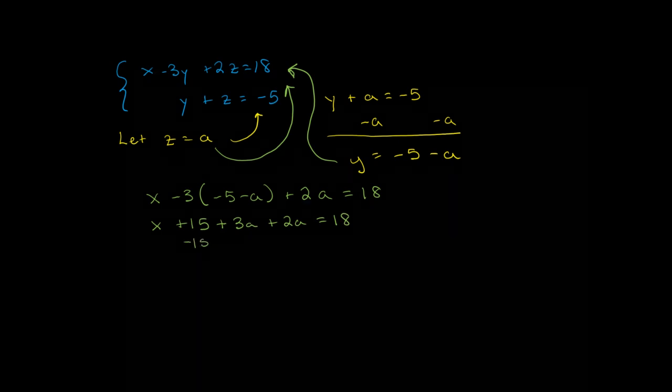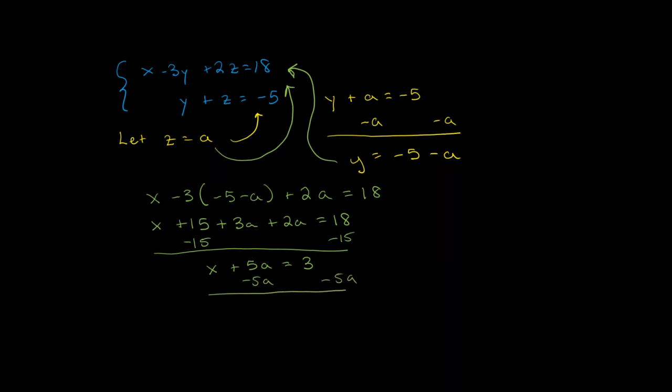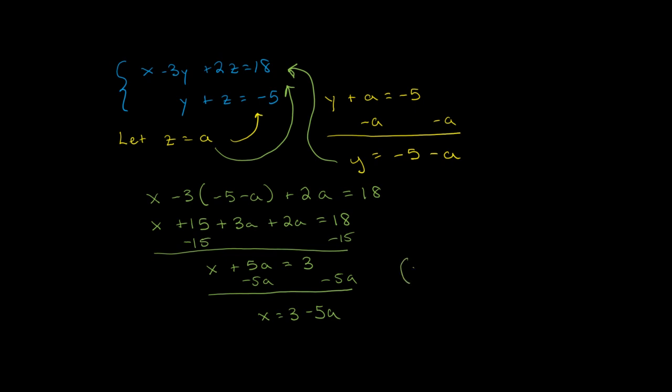I subtract the 15 from both sides. Add the 3a and the 2a to get 5a. 18 minus 15 is 3. Subtract my 5a. I get x equals 3 minus 5a. So we write our solution using these variables for a. Our ordered triple is 3 minus 5a, negative 5 minus a, and then a.